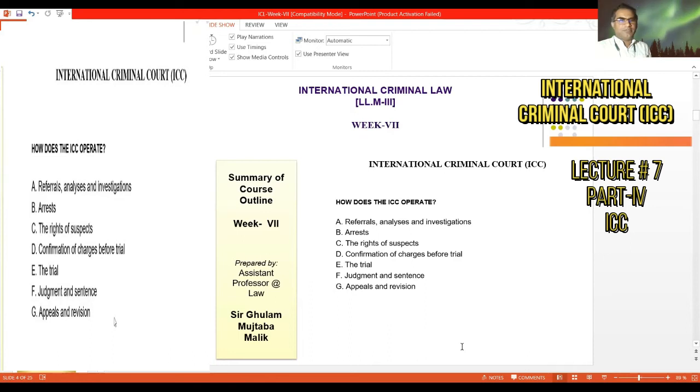Therefore, it must establish whether the crime of genocide, crimes against humanity, or war crimes may have been committed, and if so, whether they were committed after 1st July 2002. The prosecution must also ascertain whether any national authorities are conducting a genuine investigation or trial of the alleged perpetrators of the crimes. Lastly, it must notify the states parties and other states which may have jurisdiction of its intention to initiate an investigation.